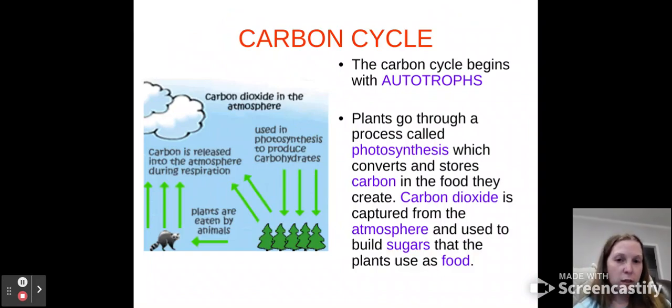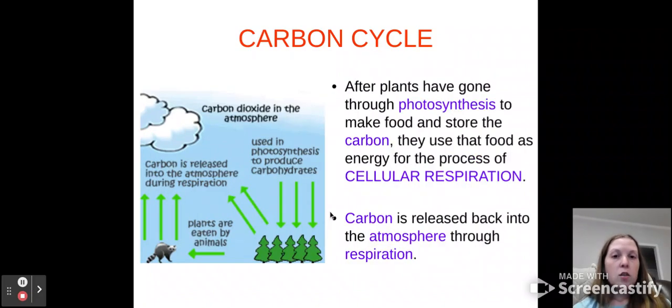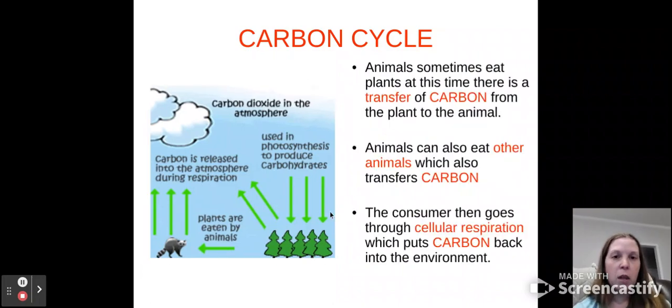So the carbon cycle begins with the autotrophs, so the plants. Plants go through photosynthesis, which we know, and they use the carbon dioxide and sunlight to form oxygen in their food, which is sugars. So after the plants have used the carbon dioxide from the air in photosynthesis, then they use the food as energy in the process of cellular respiration, and carbon is released back into the environment through that sort of respiration in plants.